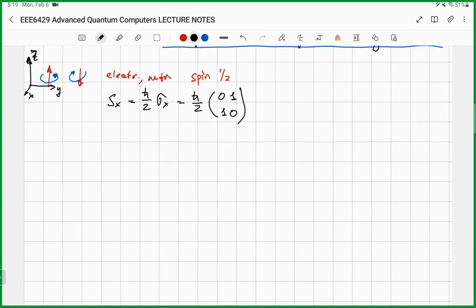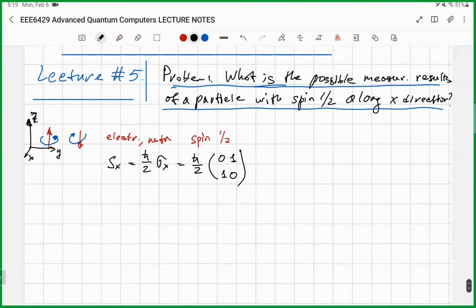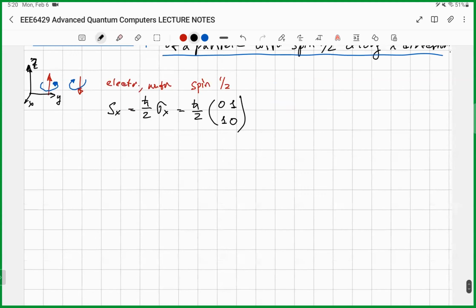In order to answer this question, what are the possible measurement results of a particle with spin 1/2 along x direction, mathematically it means that we need to find the eigenvalues of this operator Sx.